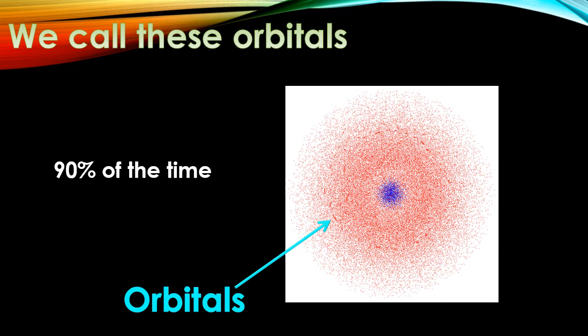So if we have a three-dimensional image around where we're likely to find the electron 90% of the time, that's called an orbital. And I really think that the name orbital was sort of a nod to Niels Bohr, saying, hey, dude, thanks for your idea of the orbits, even though it was wrong, but we're going to keep it and call it orbital, just to confuse future generations of students.